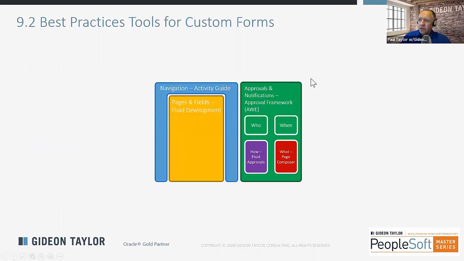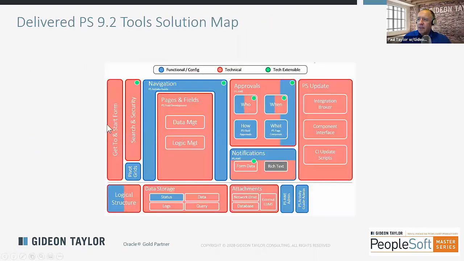Okay, so this is, again, our overall frame. This is that frame expanded out to highlight what is functional and what is technical out of this delivered 9.2 solutions map. So you mostly are working from left to right here.